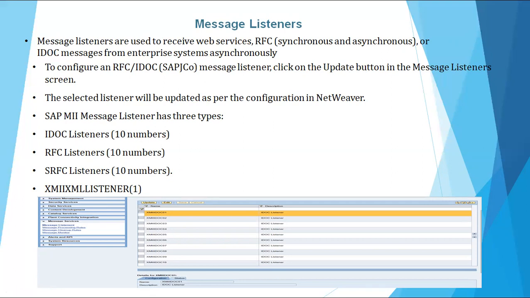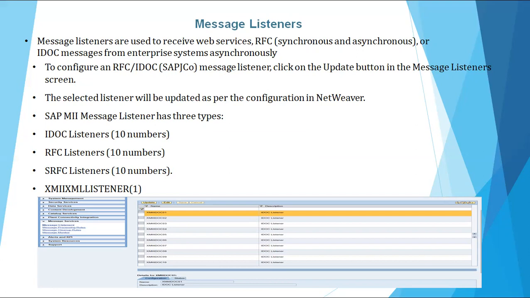All these message listeners, the IDOC message listener, RFC message listener, and SRFC listeners, require configuration. Unless and until you configure it, it will not be able to receive messages from an ERP system.